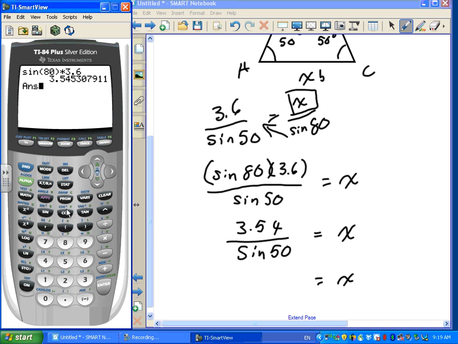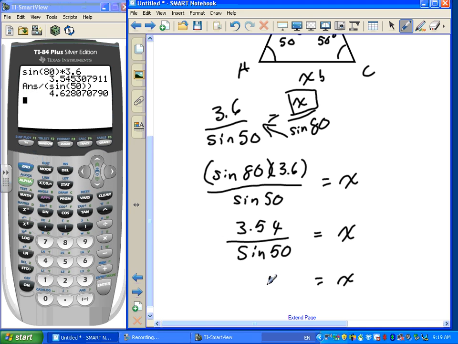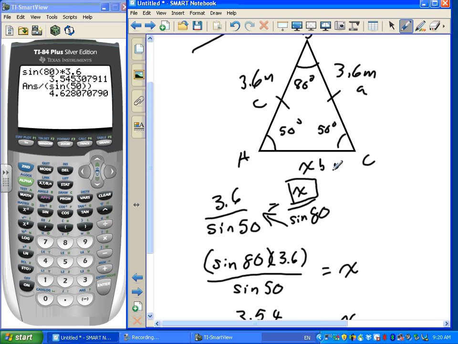Where's the division sign here? There you go. Divided by sine 50 equals 4.62. So, according to this, the other side of the triangle is 4.62.